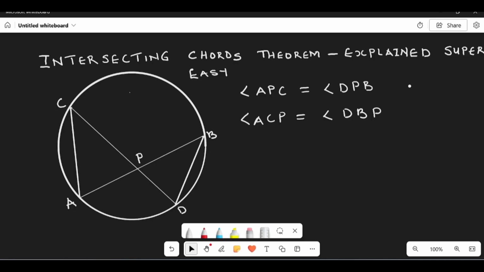Since two angles of one triangle are equal to two angles of another triangle, the triangles are similar. So we can say triangle ACP is similar to triangle DBP.